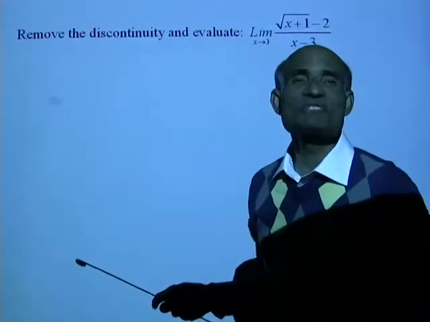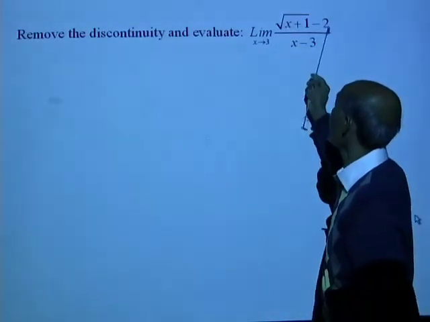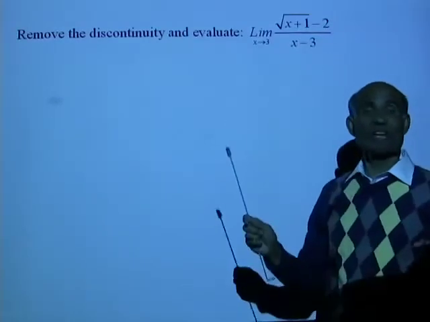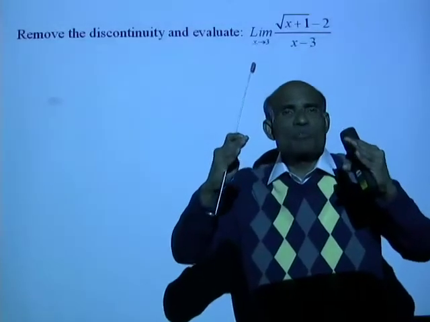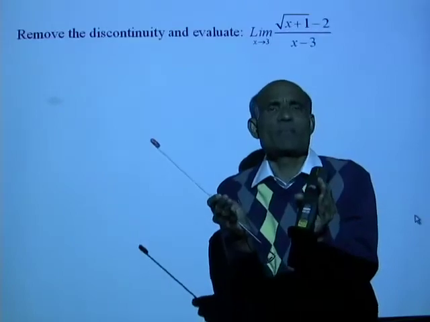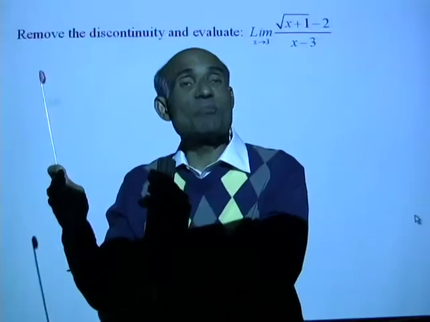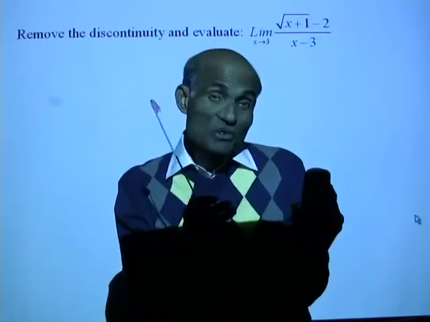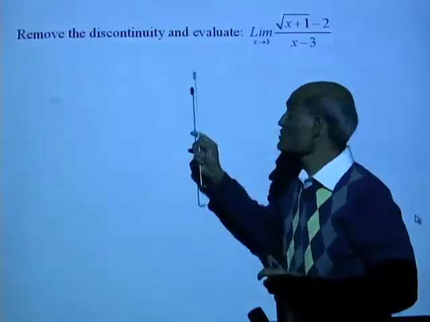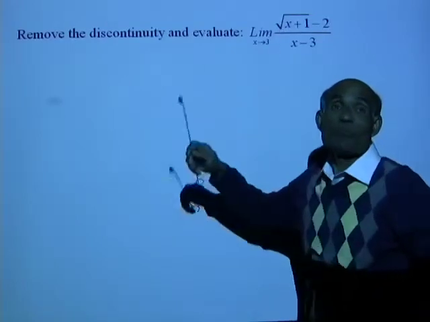And the only way to simplify this is the understanding that the numerator, square root x plus 1 minus 2, can be simplified if you multiply it by its, well, sort of like the conjugate. Now remember, a minus b times a plus b is a squared minus b squared. Now if you have some situation like that, we can remove the square root sign by doing that.